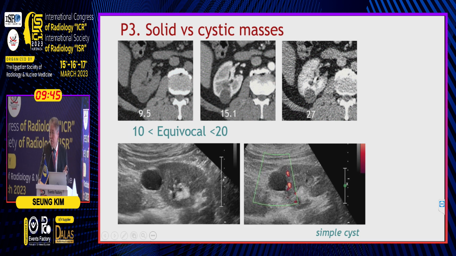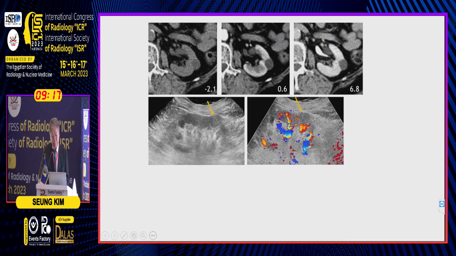Often ultrasound is more useful or more accurate in distinguishing solid and cystic masses. Ultrasound is clear that it has a round shape and sharp margin, no echogenicity, posterior sonic enhancement, and no vessels inside. So with ultrasound, it's easy to make a diagnosis of a simple cyst, but with CT, it's not easy to distinguish.